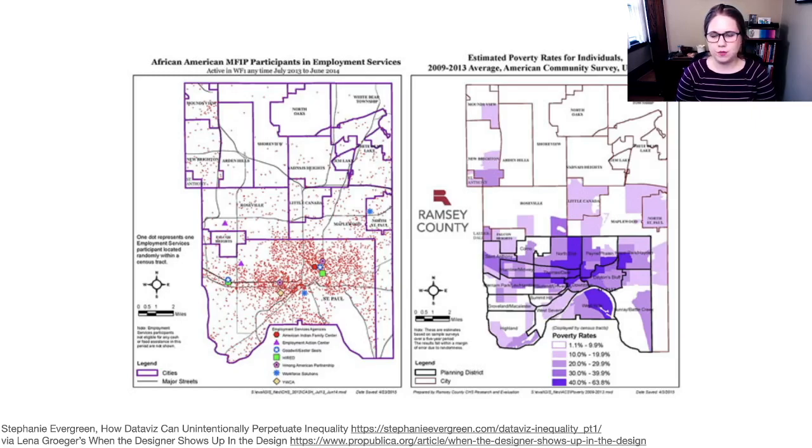When the original map was shown to the African American people in Ramsey County who are participating in employment services, they were really offended by it. Because of the red color and the distribution of the dots, they said it made them look like an infestation. On this neutral colored map, you have this infestation over the map.